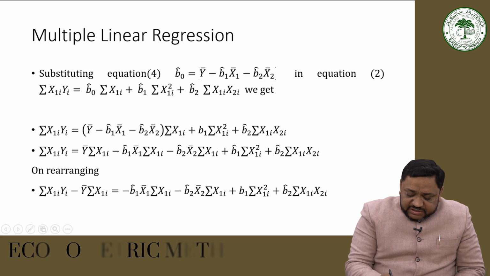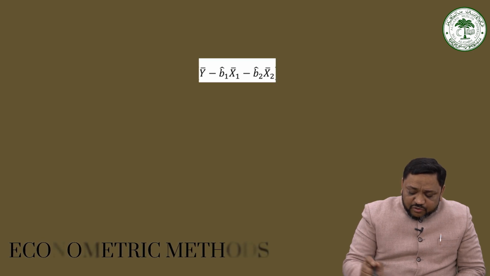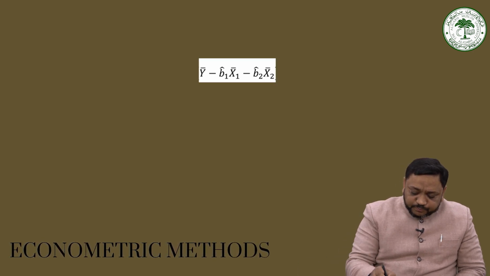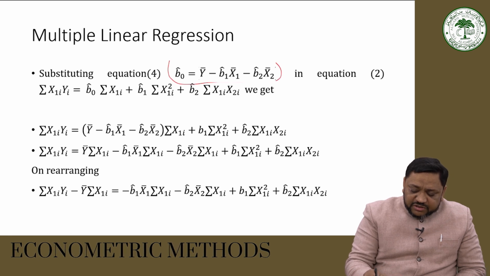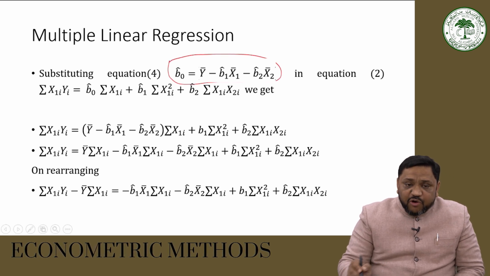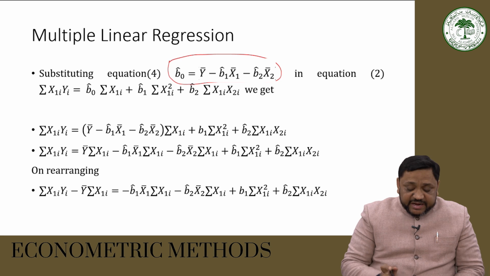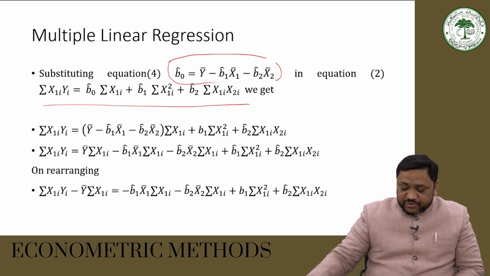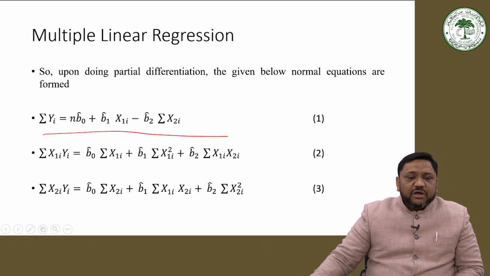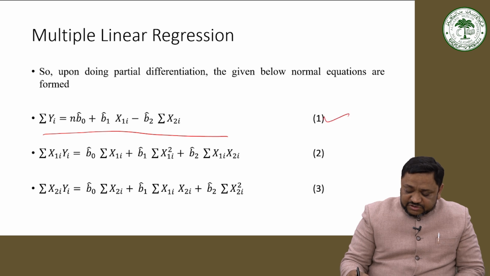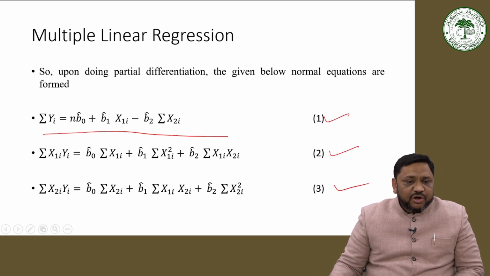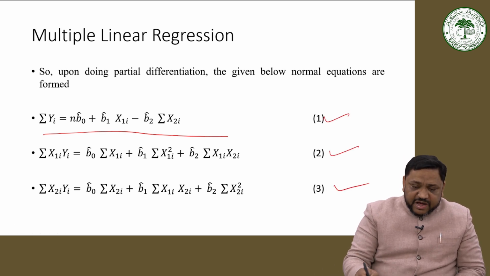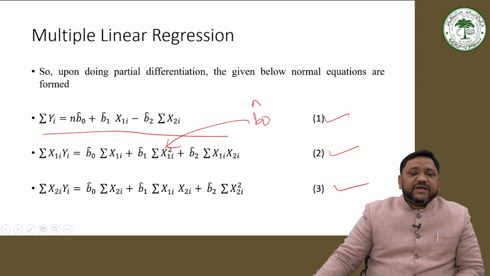Now, just now we have got the value of b naught hat. Now we put it in the second normal equation. If you just recall, we have derived this first and second, and this is the third normal equation. We put the value of b naught hat derived just now in this second equation.